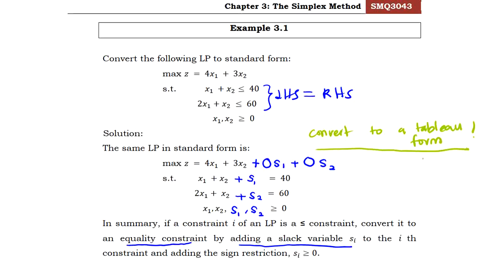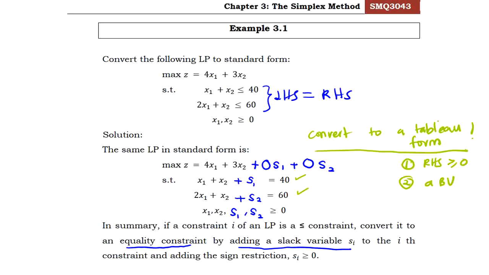The first thing is you need to make sure the right hand side of the constraints are all non-negative. First constraint, positive 40, so that's fine, check. And then second constraint, also positive, so check. And you also need to make sure that there is a BV for each constraint.